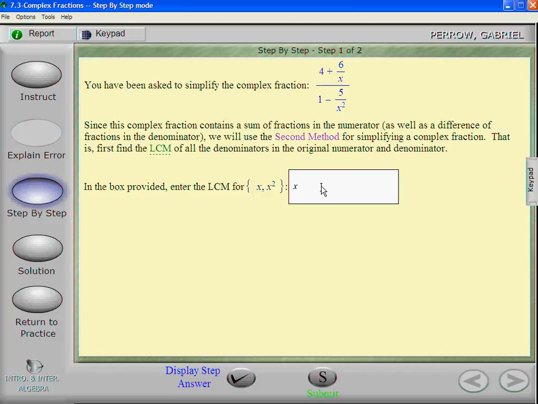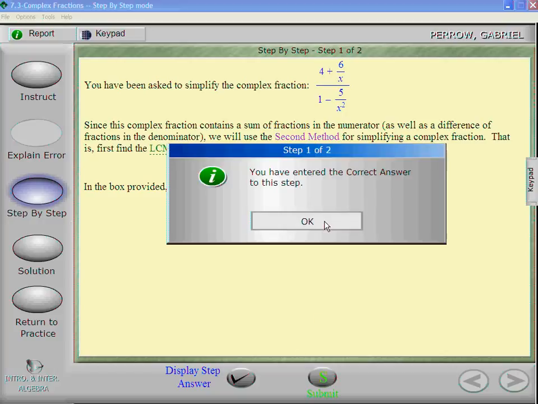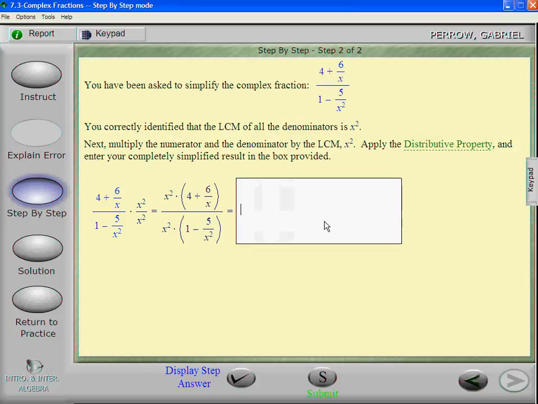So the most of each type of factor, x squared, is going to be what we have at most in any one of those denominators. So we're making a choice that's equal or larger than all denominators, because when you get to this step, stuff is going to cancel. So x squared times 4 is 4x squared.